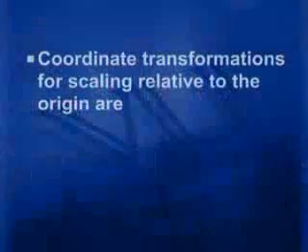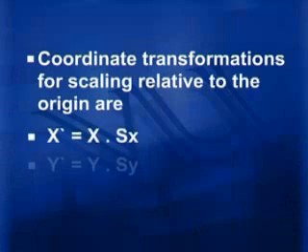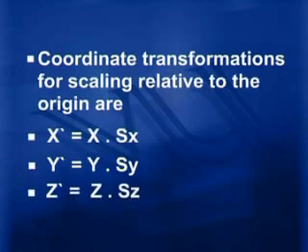So the values for scaled x, y and z coordinates would be calculated in this manner: x' would be computed to be equal to x times Sx, y' would be y times Sy, and z' would be z times Sz, where of course Sx, Sy and Sz are going to be the scaling factors with respect to x, y and z axes.